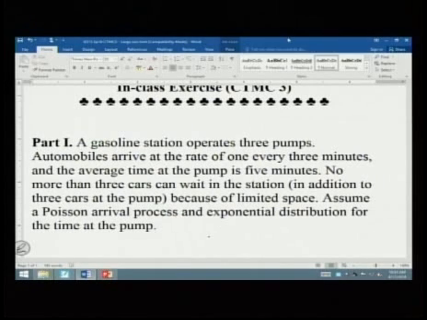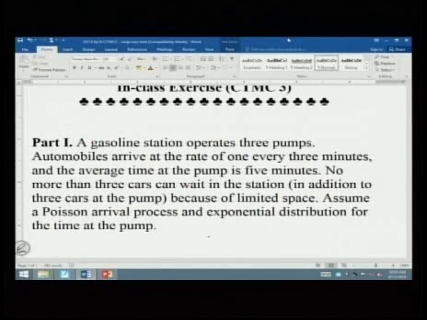Okay, so in the first example, we consider a typical gasoline station. They operate 3 pumps, and the cars, automobiles, arrive at the rate of 1 every 3 minutes. Okay?